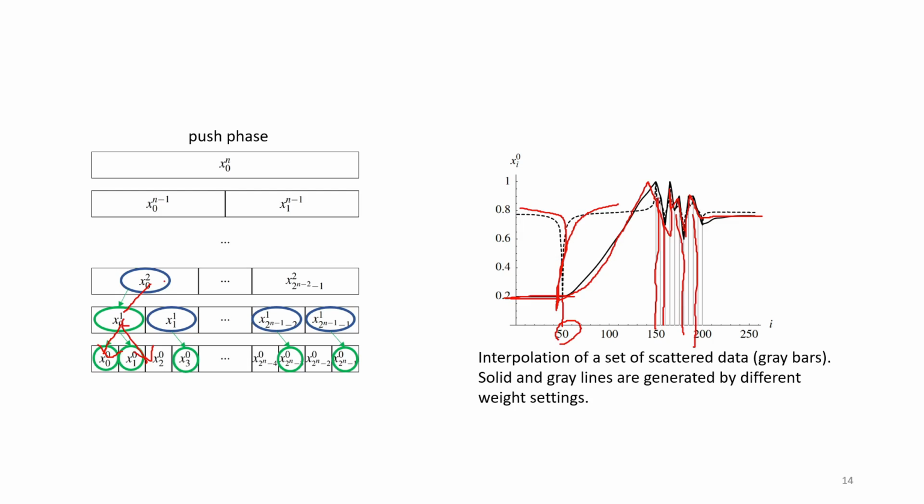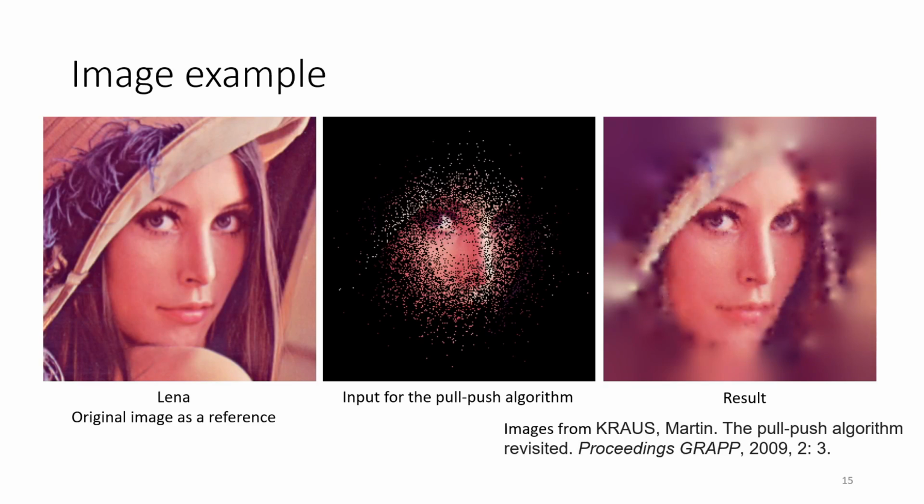How about the real image? So let's see this example. So this is Lena. It's a very famous benchmark image for computer vision. Okay, it means if we just remove most pixels and retain those pixels, then after applying the pull-push algorithm, we will generate images like this one. So what does it mean?